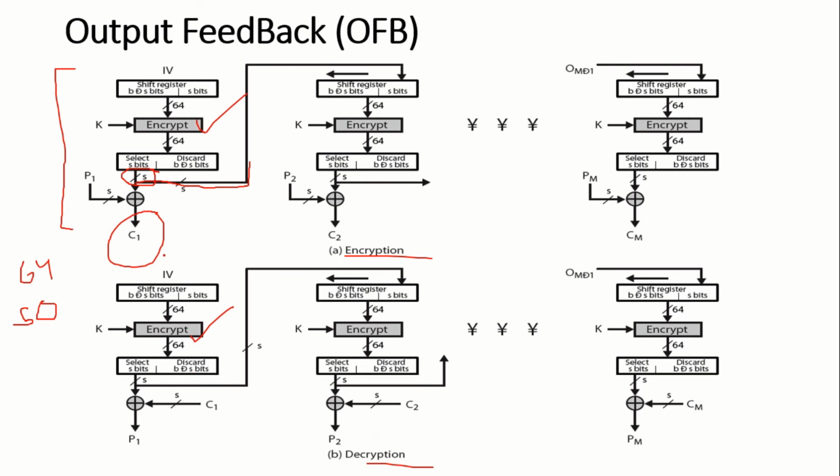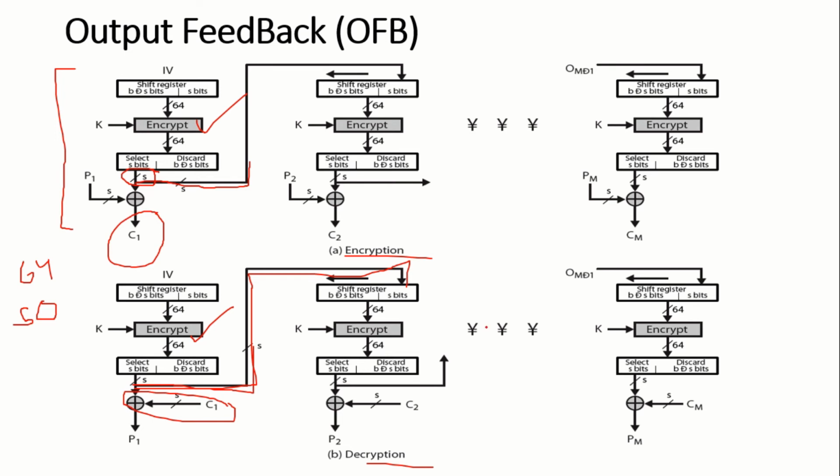Fine. So in the decryption step as well, what we will do, we will be feeding back the output, and for the XOR operation we will be using the cipher block, right? So this value is what will be going into the next stage, or we will be using it for the next block of the plain text, right?